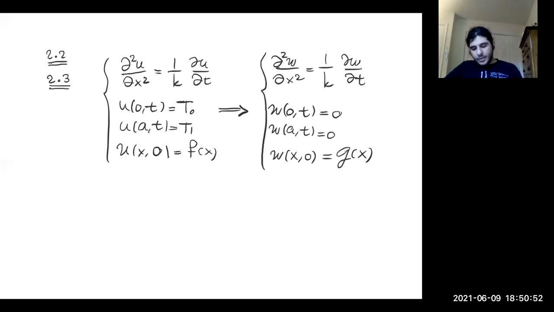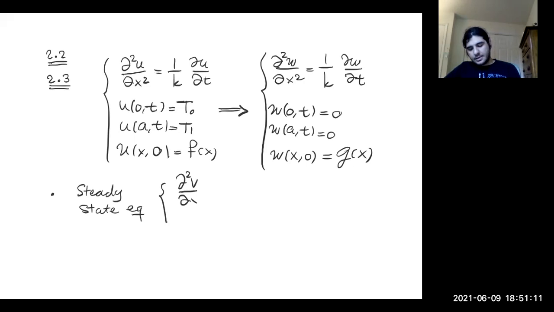As you remember, I mentioned the first step would be writing down the steady state equation for V and solving that. So that would be the second derivative of V with respect to X equal to 0, with V at 0 equal to T naught, and V at A equal to T1.